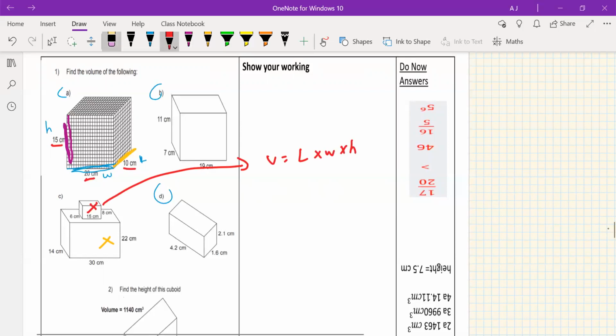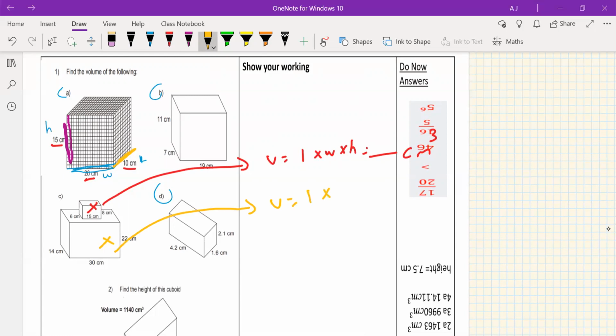So you work that one out. Put the small l, capital L, and work out the answer. You will get an answer which is equal to something centimeters cubed. And then you work out the volume for the bigger cuboid, which is length times the width times the height. You times them all 3, and that gives you another answer in centimeters cubed.